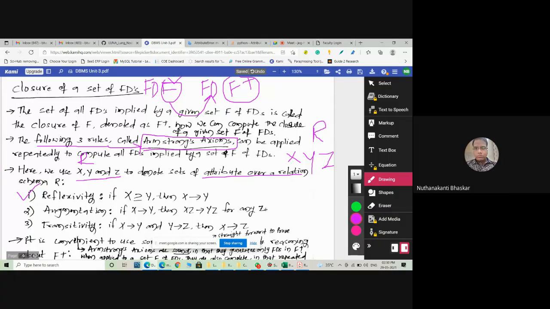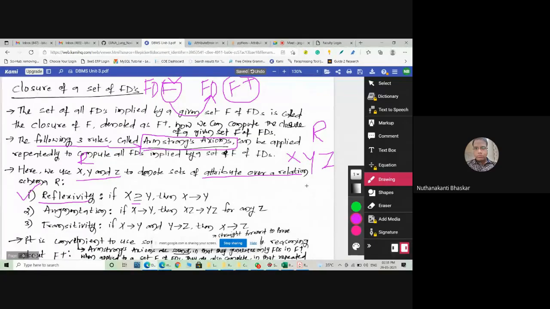Now the first Armstrong axiom, the first rule, is reflexivity. What is the meaning of reflexivity? If X ⊆ Y, what is the meaning of X subset or equal to Y?